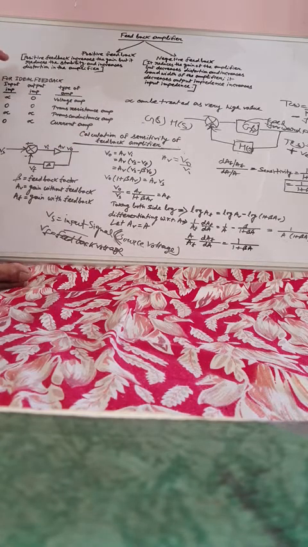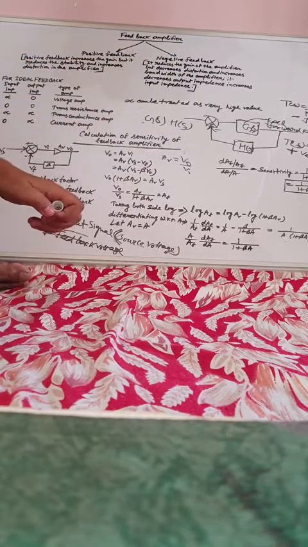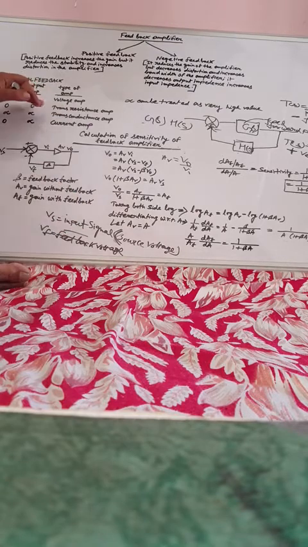We assume ideal feedback amplifier to find input impedance and output impedance, where infinite values are treated as very high and zero values as very low.